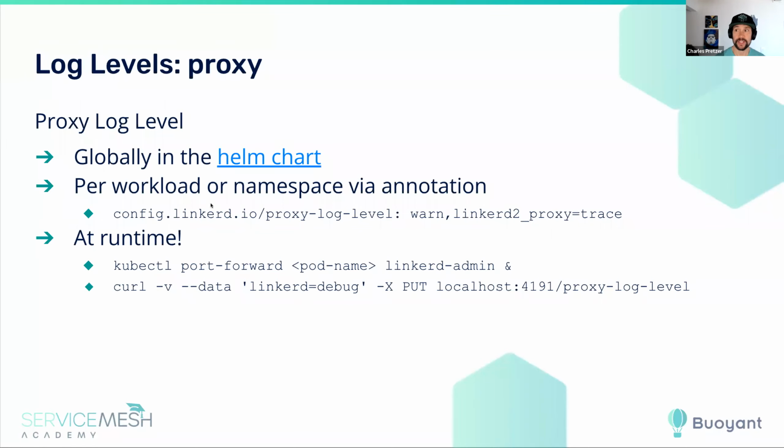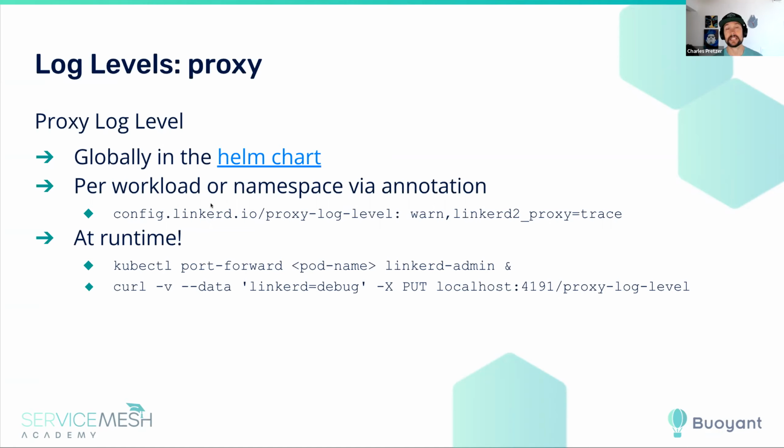And in this case, we're setting linkerd=debug, which means any Linkerd crate within the proxy, we're going to set that to debug, and we send that PUT request, and that will configure the proxy log level in real time. And this is super helpful when we see one particular proxy acting up within a set of replicas.